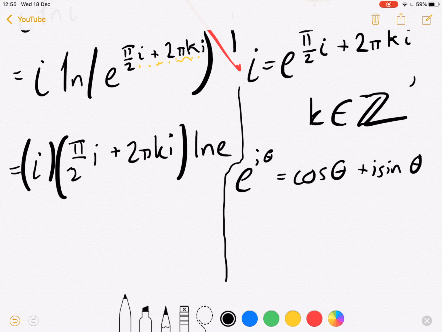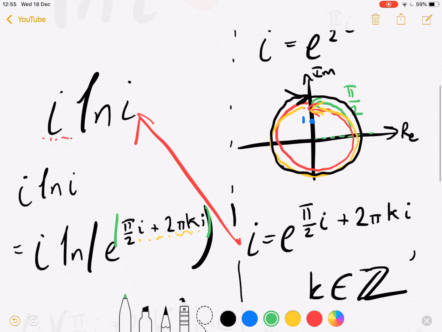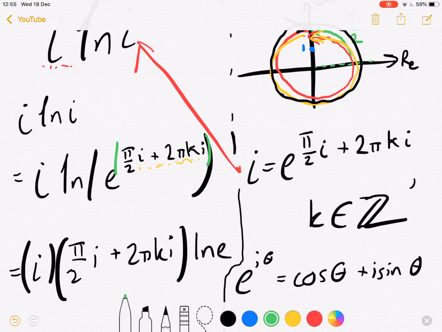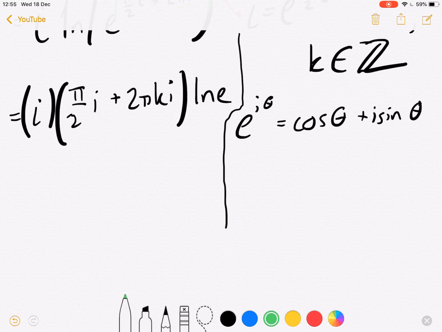Just make a little barrier there. So I hope we all understand how that happened. This is all in brackets, and then like we did previously, over here where we brought the i down, similarly we bring this blob down.